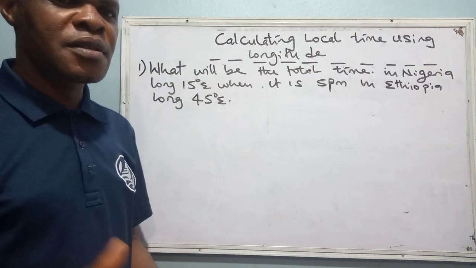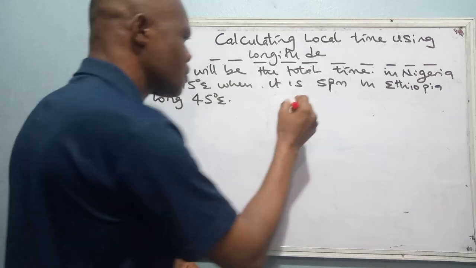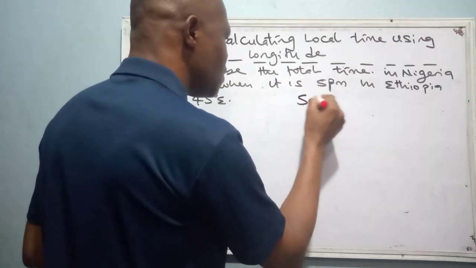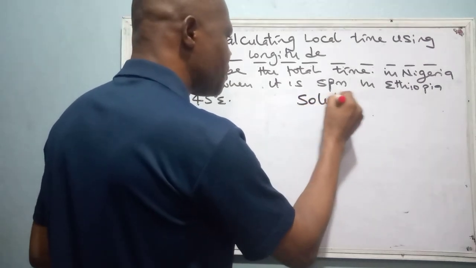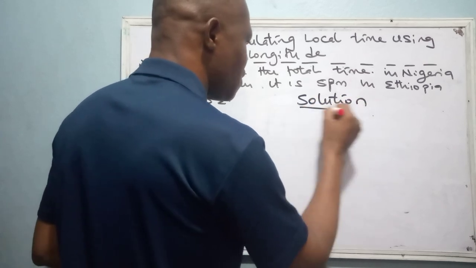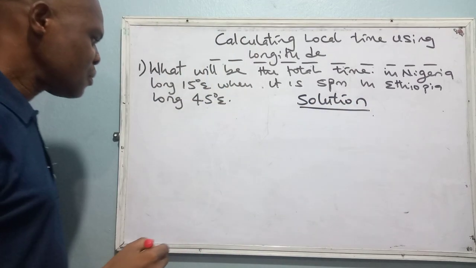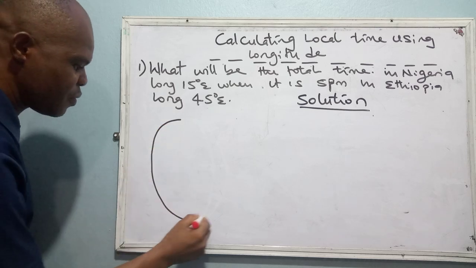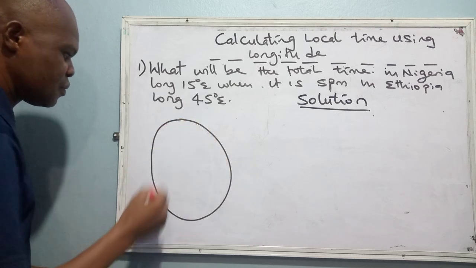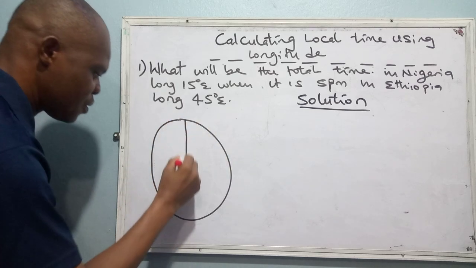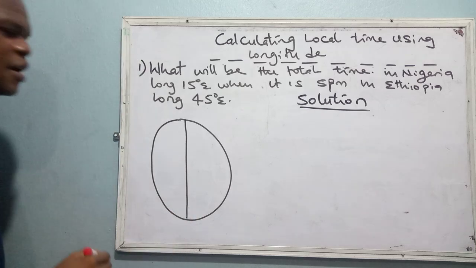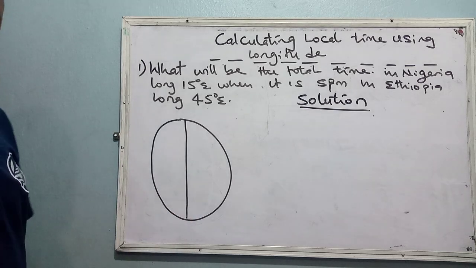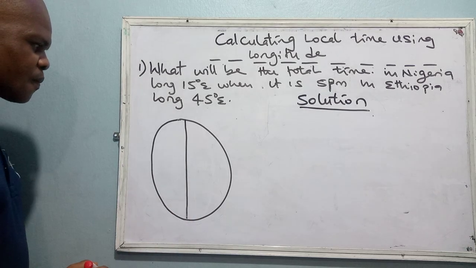So the first thing that we're going to do is to locate the places on our globe. So how do we do that? We draw our globe. So this is the Greenwich meridian, the 0 degrees longitude.